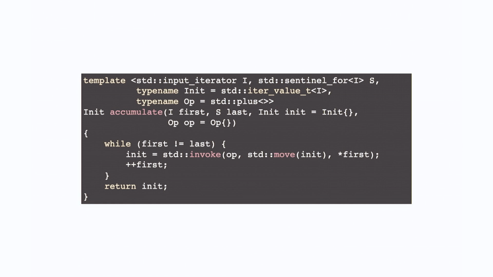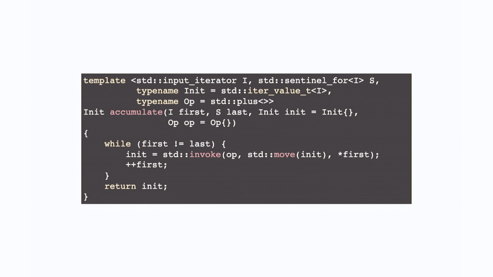We're going to provide a default template argument for the init type. This is going to default to the iterator value type. So this is a new template alias we've got in the standard library. It saves us from having to do all that horrible standard iterator traits stuff we used to have to do. Now we've got this nice, simple template alias for that.